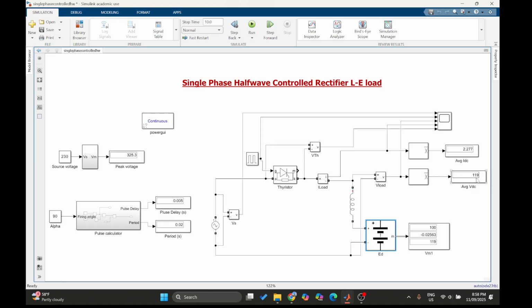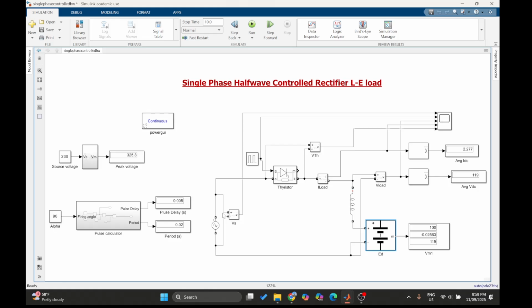So when the thyristor fires at a 90-degree angle, the current won't immediately flow just because the gate pulse arrives. The AC source has to rise above the back EMF before conduction can actually begin.